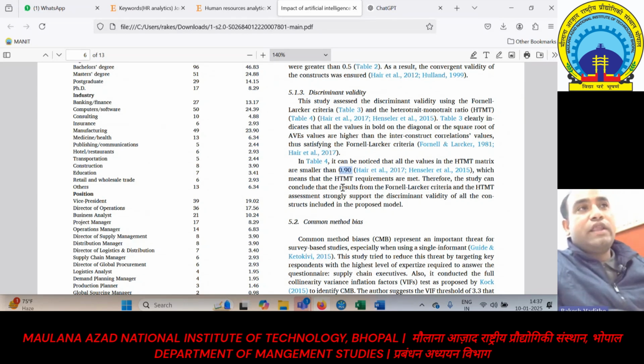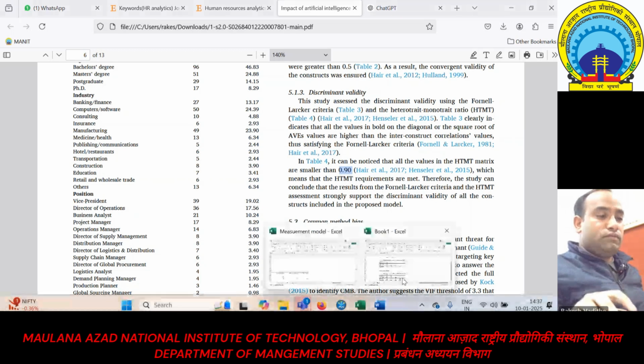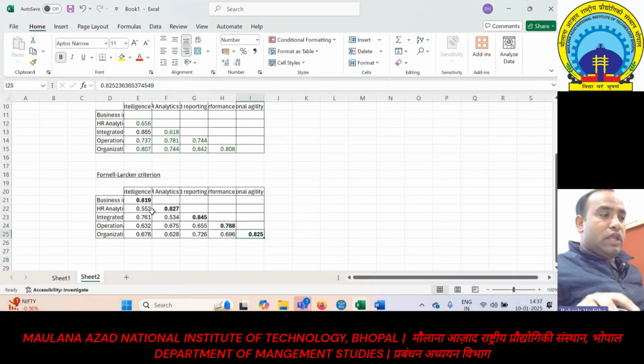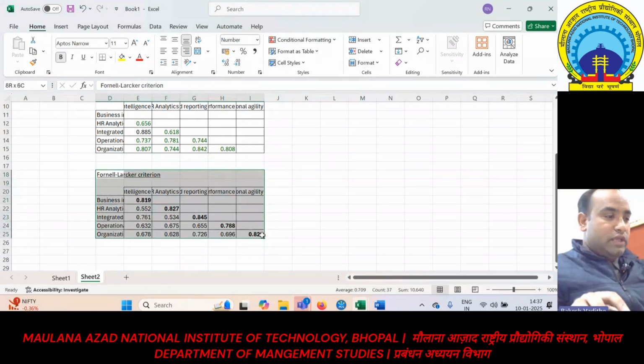For the Fornell-Larcker criteria, no value should go beyond the square roots of AVE. Here you can observe no value has gone above the square roots of AVE. That's why I am taking this one.